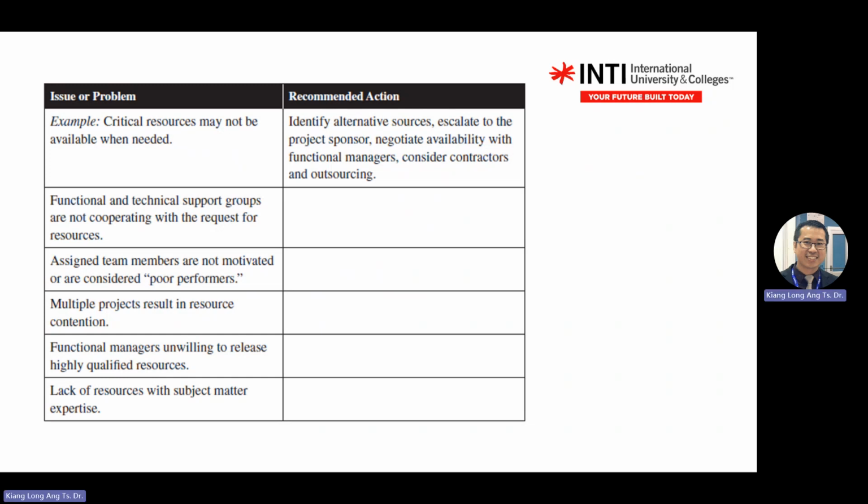The next week you're going to be fired already. The boss asks you to come and solve the problem, and you go and ask your boss to solve your problem. Okay. So when you see this one, functional technical groups are not cooperating with the request for resources, what makes them not cooperate? What is the possible reason why they are not cooperating?